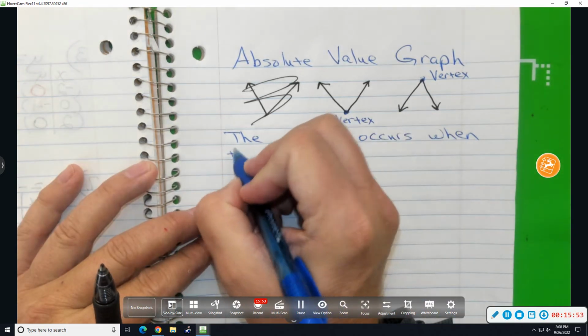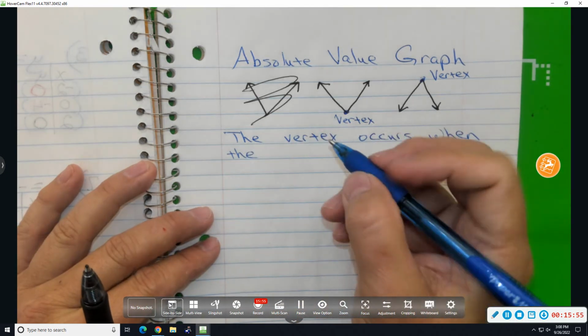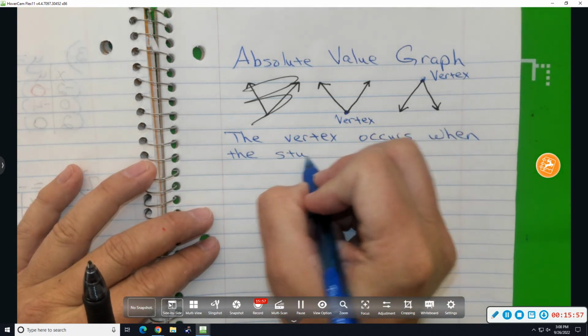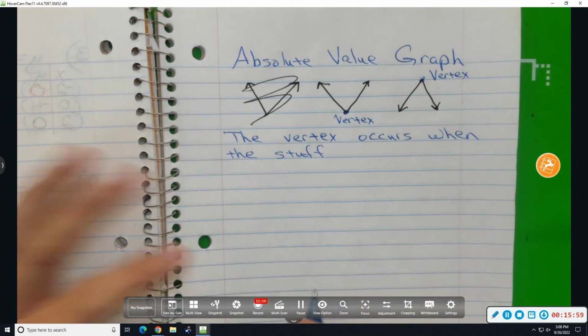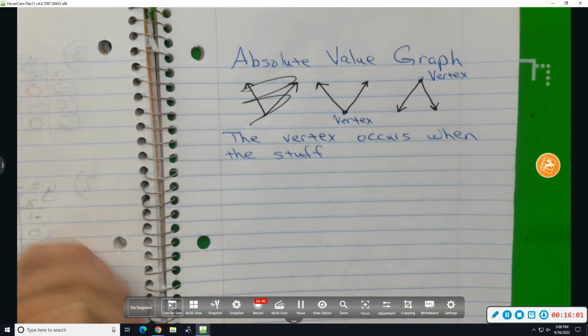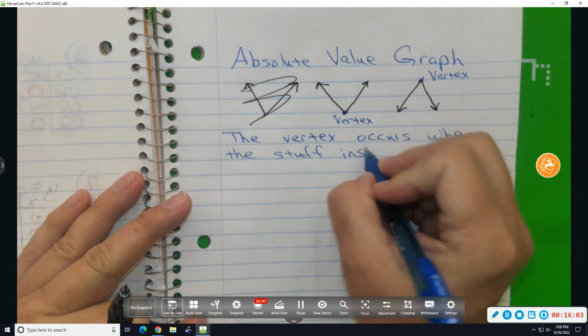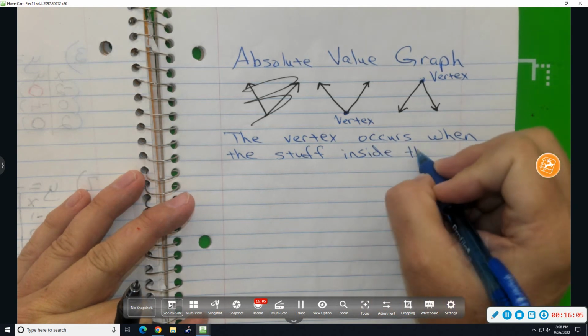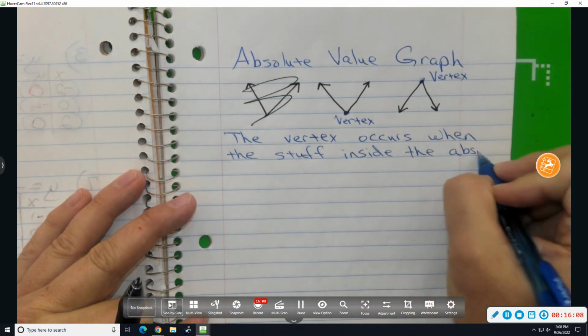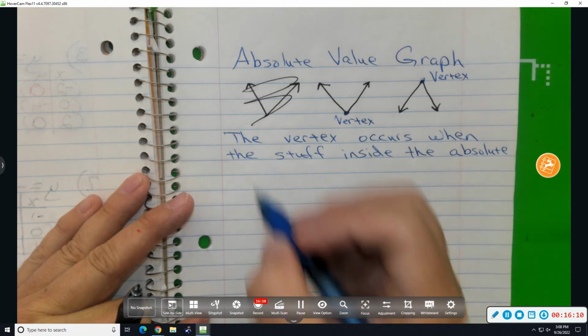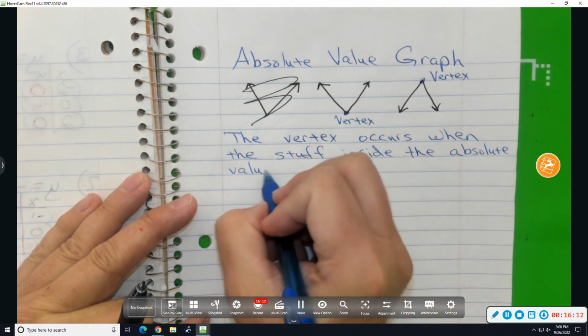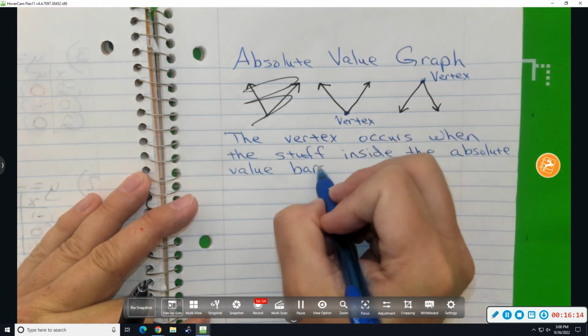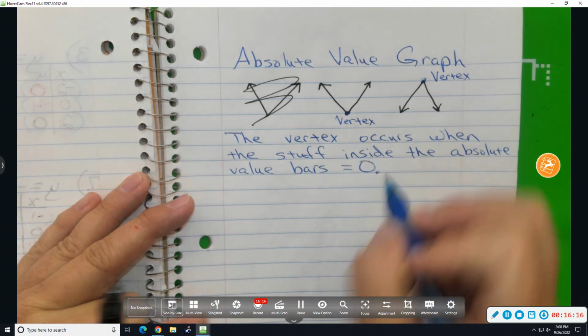I should say the expression inside the absolute value bars, but stuff is fewer letters. So the vertex occurs when the stuff inside the absolute value bars is equal to 0.